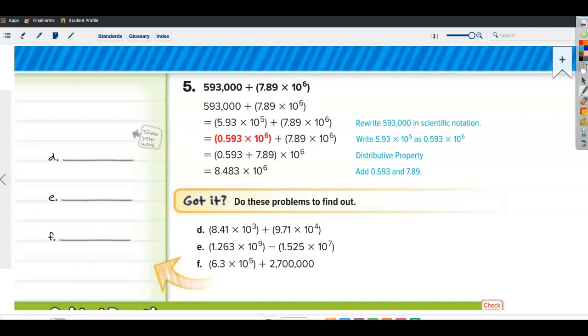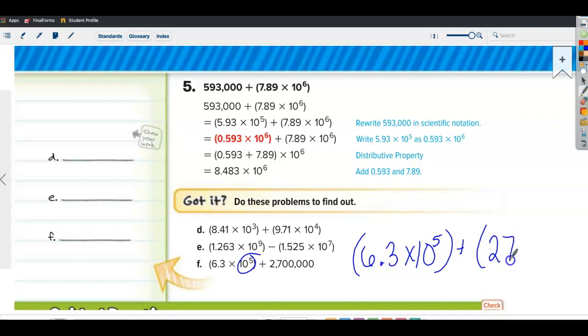Jack, how many times do you want me to move the decimal in the second number in F? So this 2,700,000. Yep, how many times do you want me to move the decimal? Okay, so that it matches, right? So, Jack, would you move it 5 times and tell me what you get? Okay.